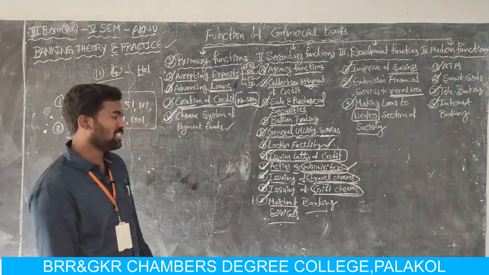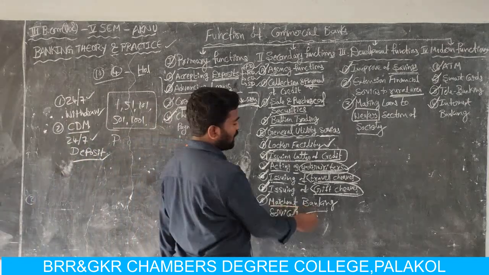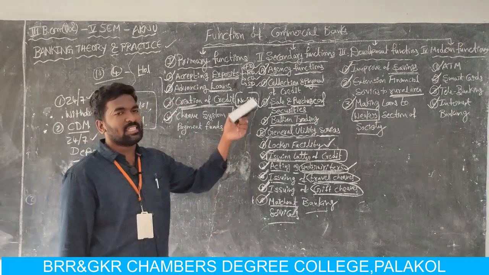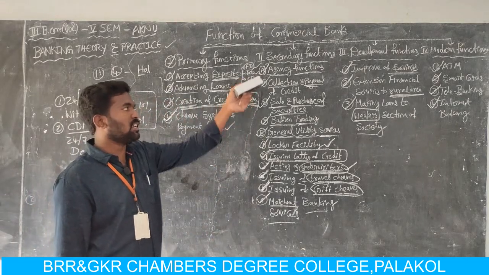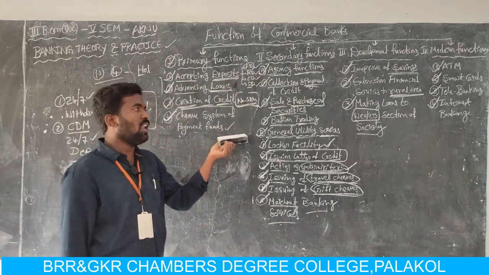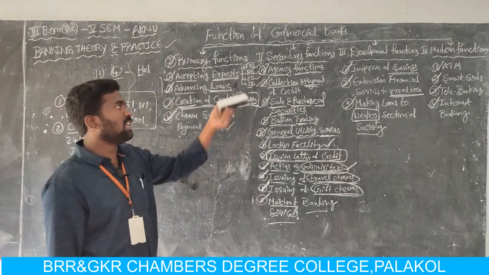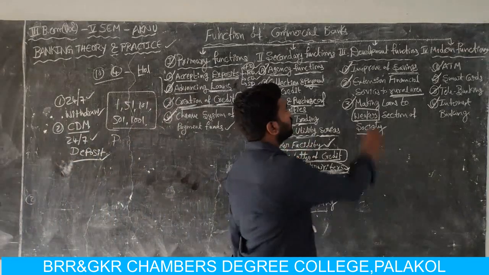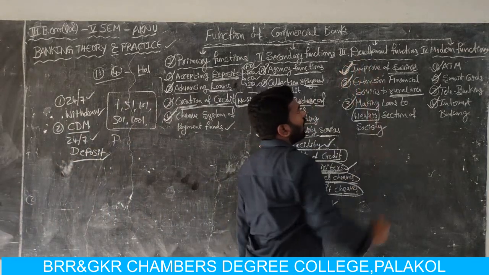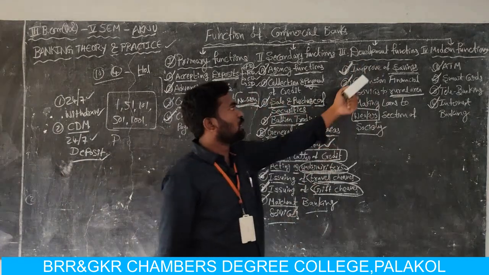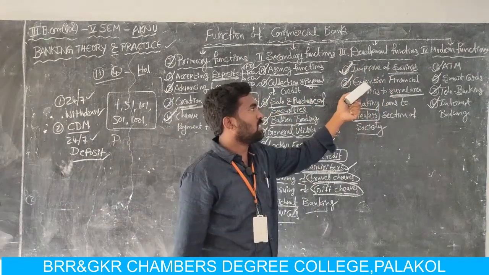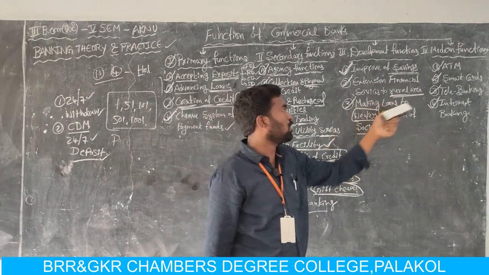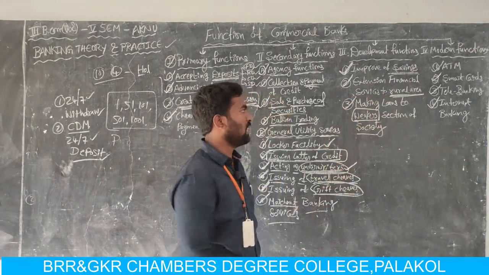Merchant banking facility is also given by the banks. So these are the secondary functions: agency functions and general utility services. These two are secondary functions. Then the third one, development functions. Improving savings, extending financial services to rural areas, and making loans to weaker sections of society.